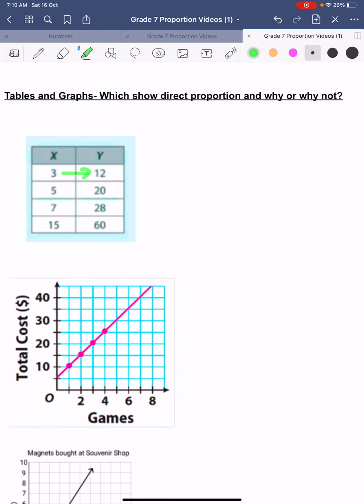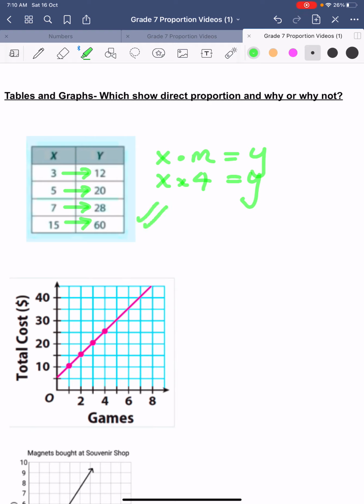All right. So if we go on and have a little look at some of these graphs here, we're going to just go straight to this first one and see, do all the numbers follow the same simple rule? Is it x times something to give y? And the answer is, well, yeah, I think it's the x numbers times 4 give y.